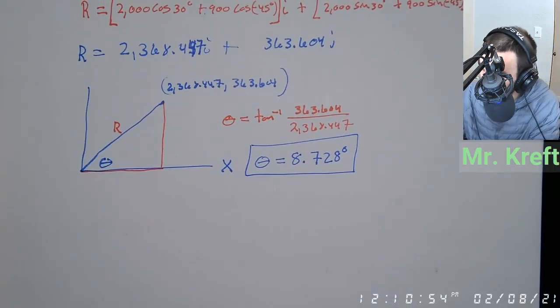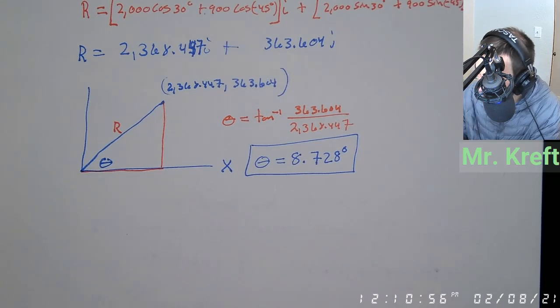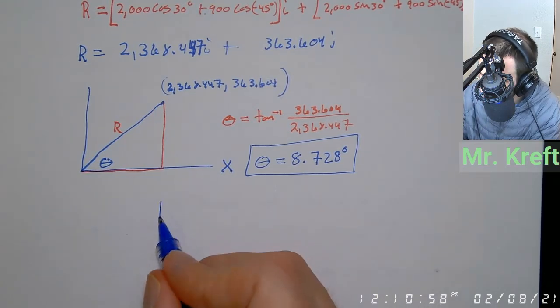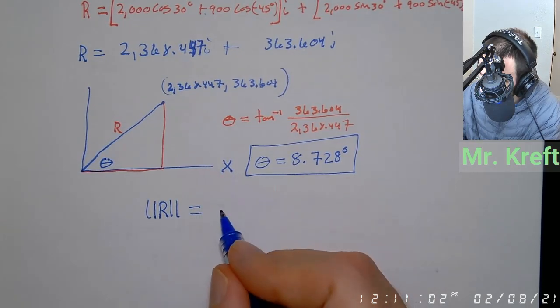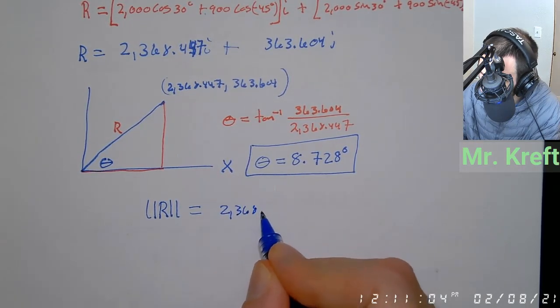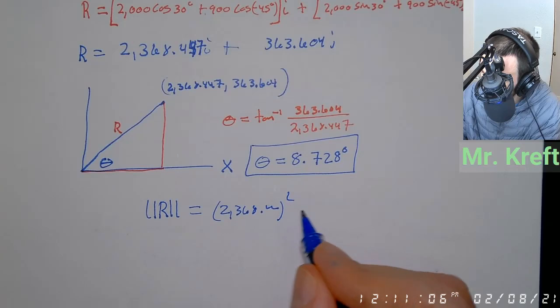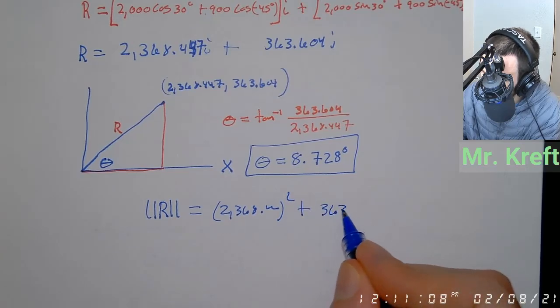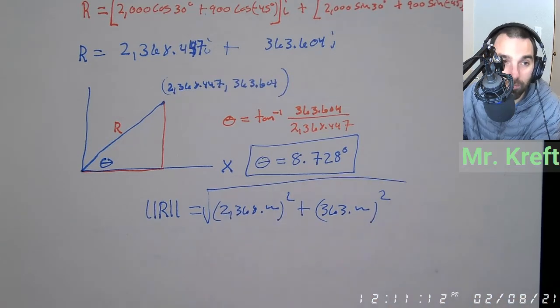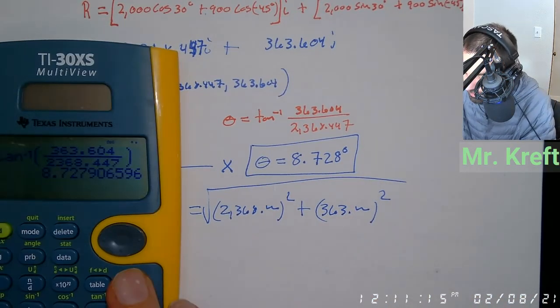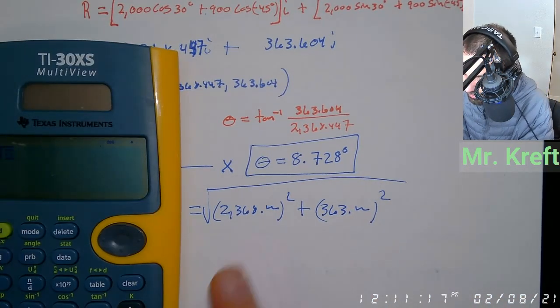Okay. And then the magnitude is going to be my 2,368 point blah squared plus my 363 point blah squared, and then square root. So I'm going to do that in my calculator now. And blah is not an official term.